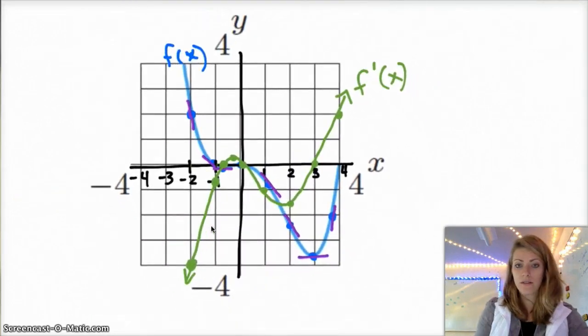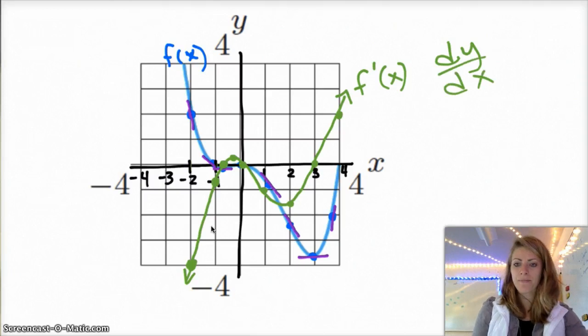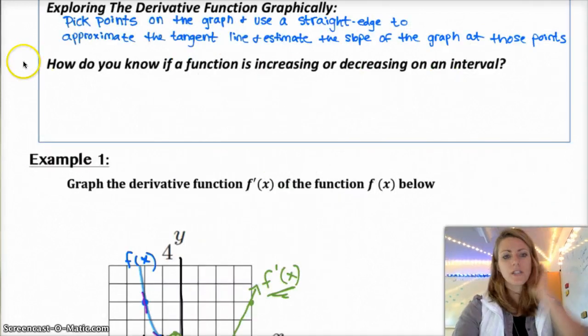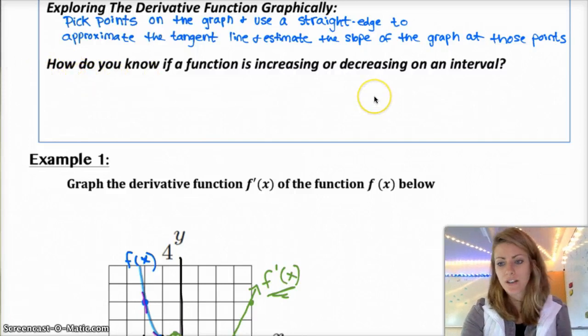The other notation, I forget if I taught you the other notation, but it's just dy/dx. And in this case, d f of x over dx. But this we'll probably use more often. Okay, let's go back up for a second. The question here asks, how do you know if a function is increasing or decreasing on an interval?